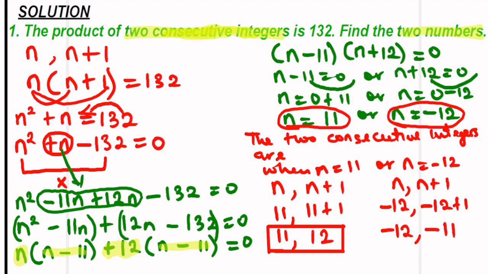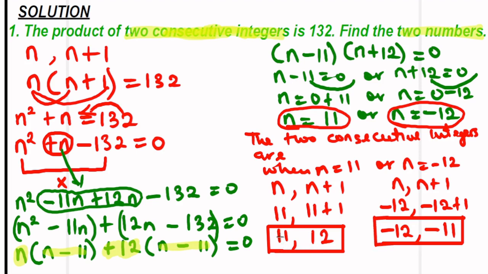So if you notice, this is also consecutive integers because it progressed from the smallest to the biggest. Minus 12 is smaller than minus 11. So this is also two consecutive integers. And 11, comma, 12 is also two consecutive integers. So our answer is minus 12 and minus 11, or 11 and 12.